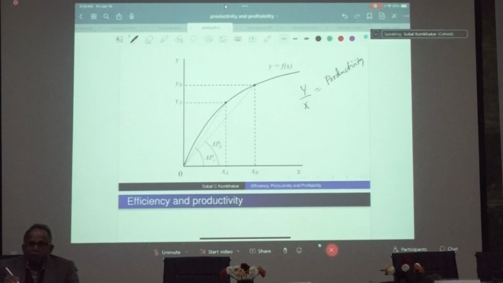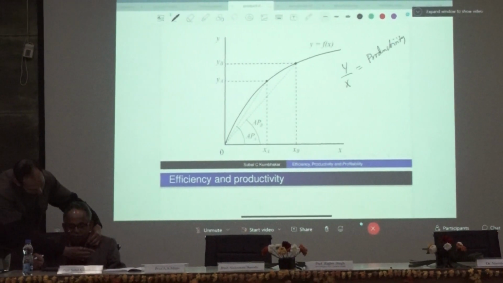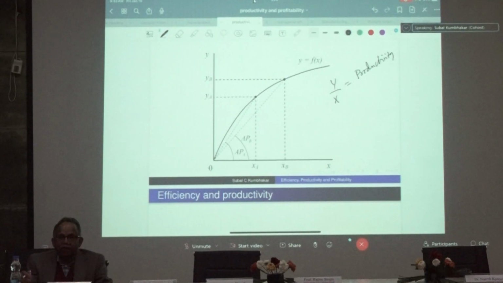If you think in terms of two firms A and B, XA is the amount of resources firm A is using, and XB is the amount of resources that firm B is using.